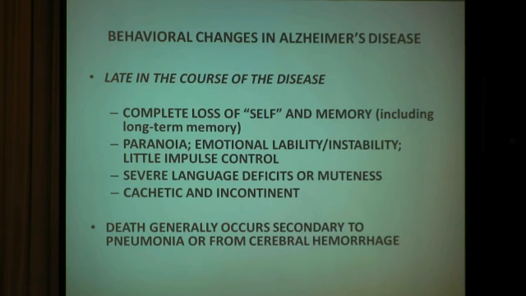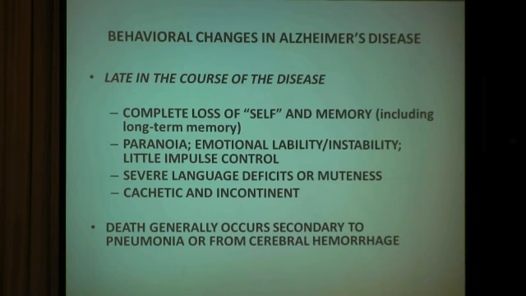Death generally occurs secondary to pneumonia or some other infection or from cerebral hemorrhage. Now, the reason for this: the pneumonia occurs because of being bedridden. Part of what you do when you walk and you're a normal person, you do aerobic exercise, you move, and you expel bacteria from your lungs.